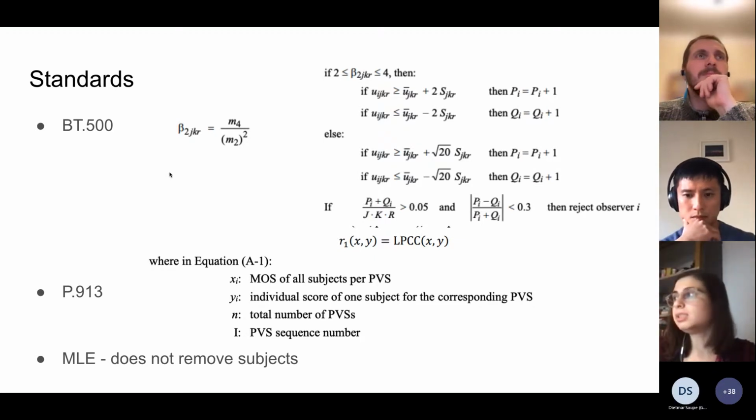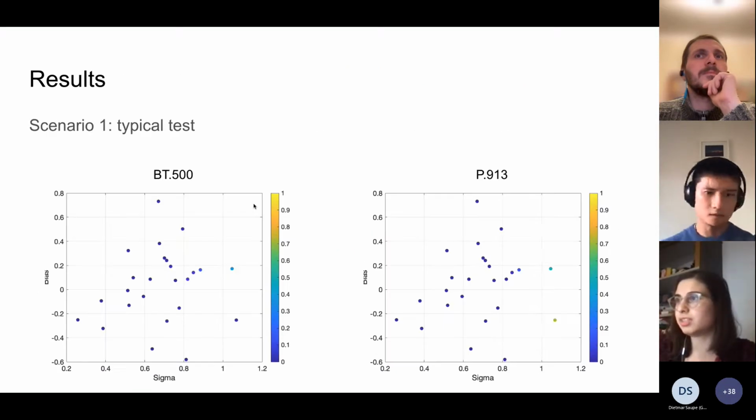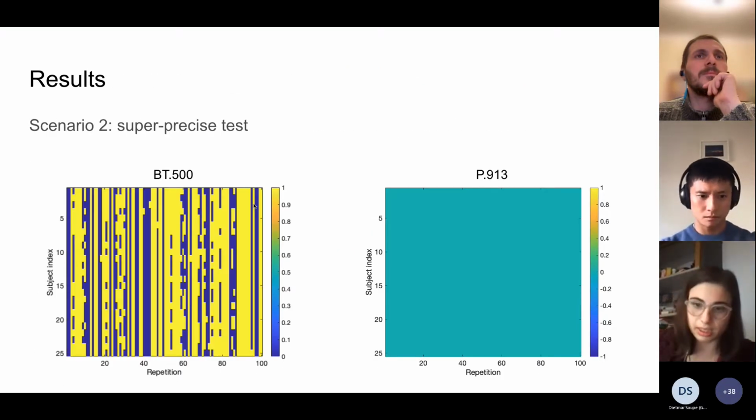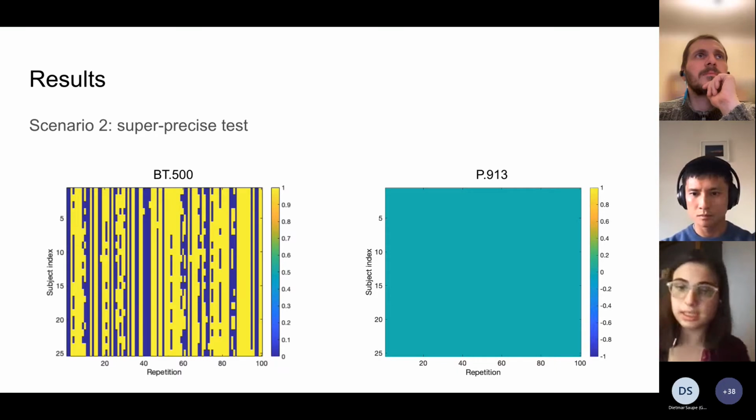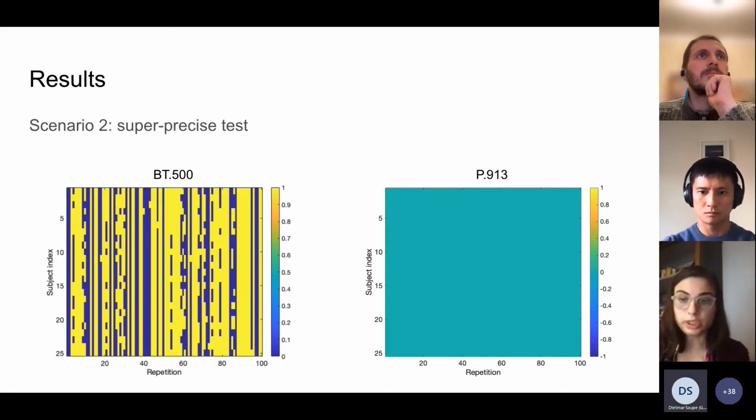For the first comment, indeed, the sensitivity of the thresholds is something that we see for both methods, basically. And especially for BT500, what we saw and made us question whether the implementation was correct or not, when we saw that all of them were detected as outliers, it was exactly this. The thresholds were a bit too strict.